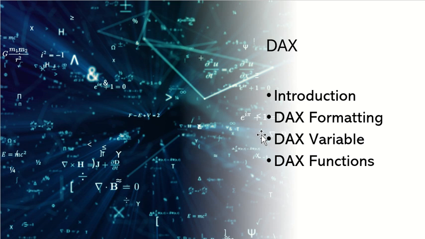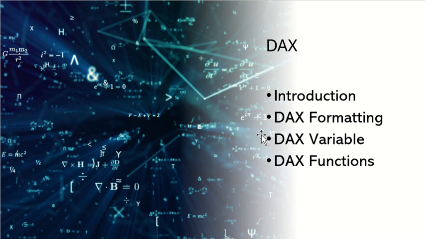Aggregate functions include SUMX, average, count, different kinds of aggregations that we will use. A filter function is used to filter a table on the basis of any calculations. And third is time intelligence functions, which are used for date columns especially.